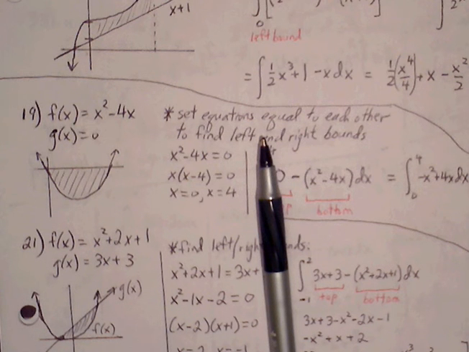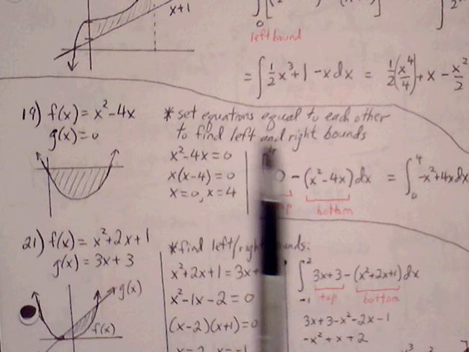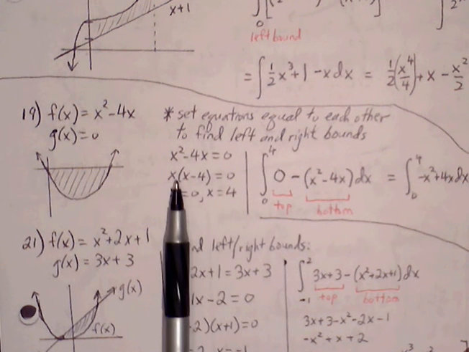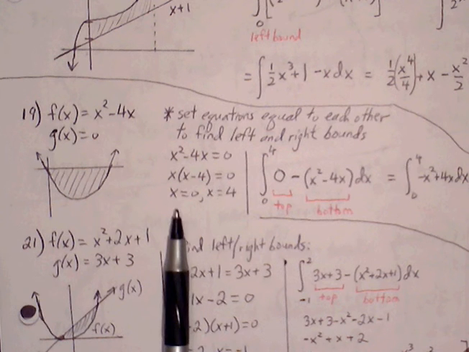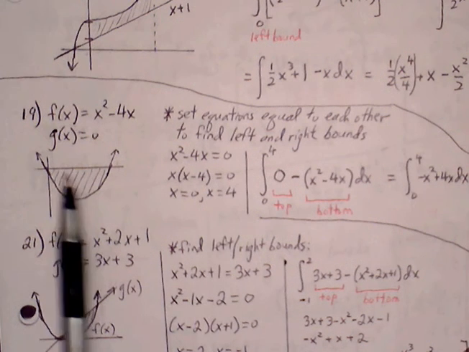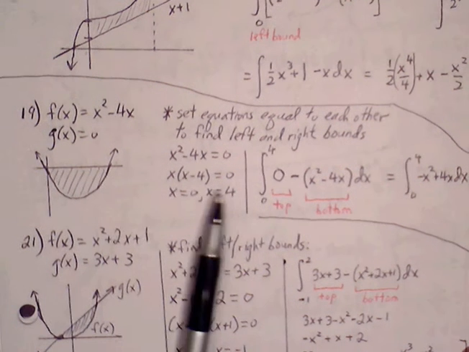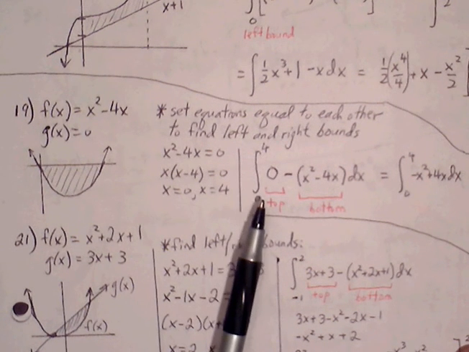So we set the two equations equal to each other, and we find our left and right bounds by solving for x. So x squared minus 4x is equal to 0. We simply factor the x out and solve for x, so 0 and 4. So our left bound is 0, our right bound is 4. That's exactly what we plug into our formula.